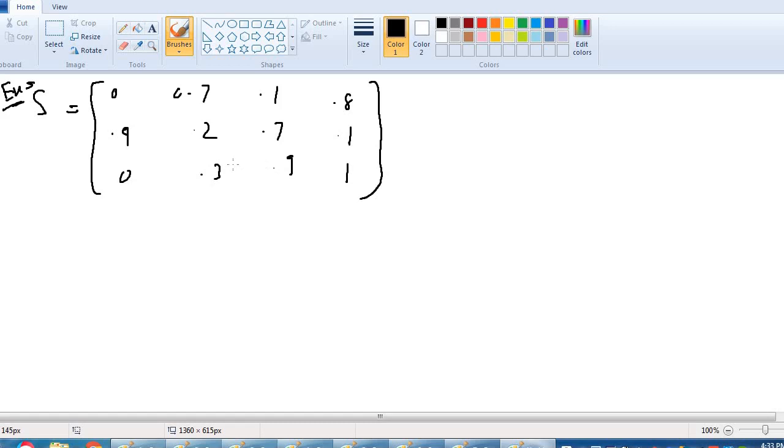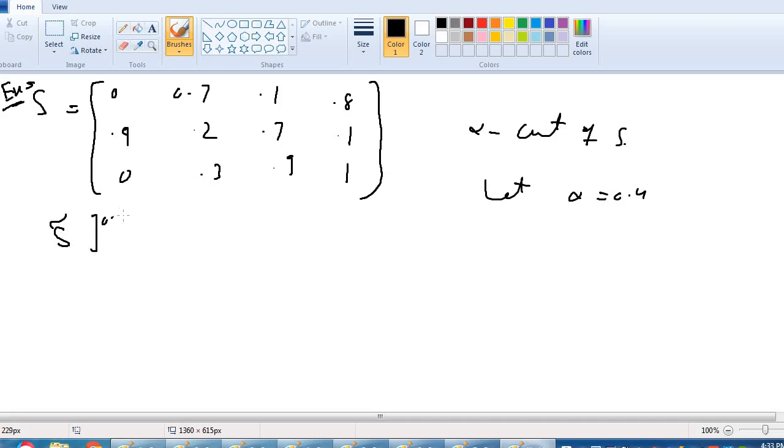We just want to find the alpha cut of this fuzzy matrix S. So let our alpha cut be 0.4.